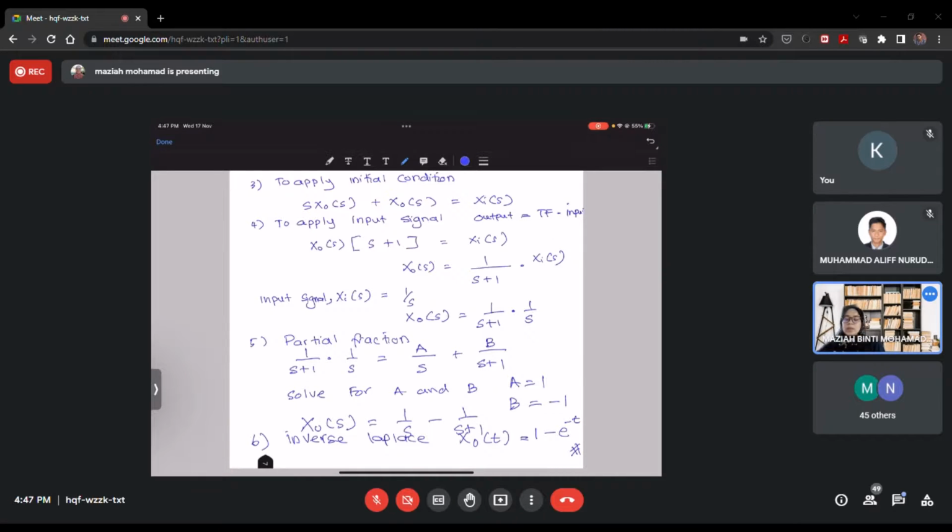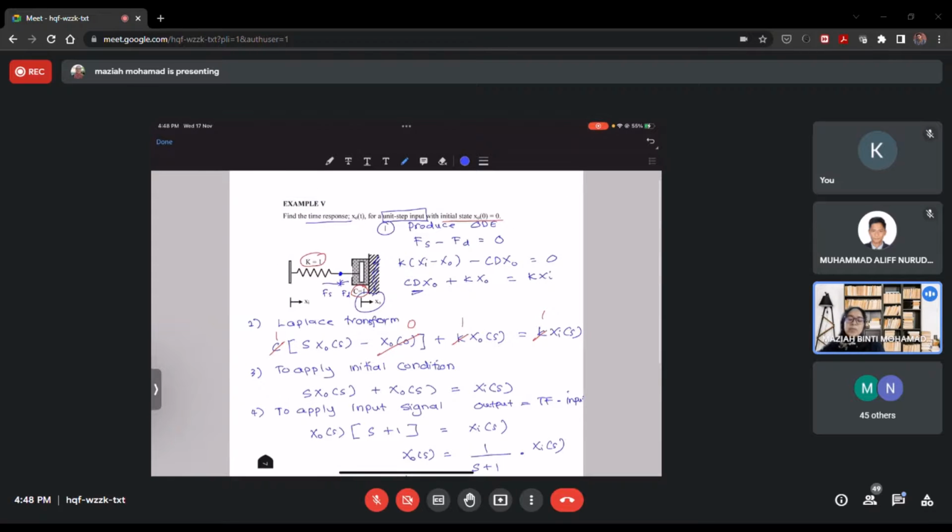That is the time response equation for the spring damper system when we apply a unit step input with zero initial condition.